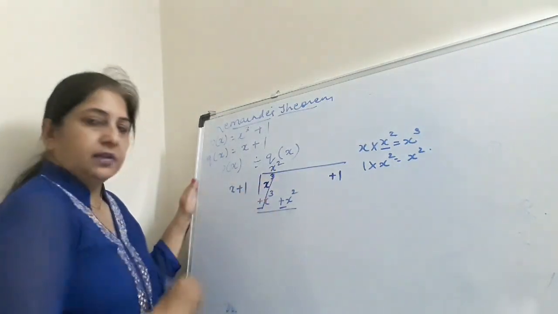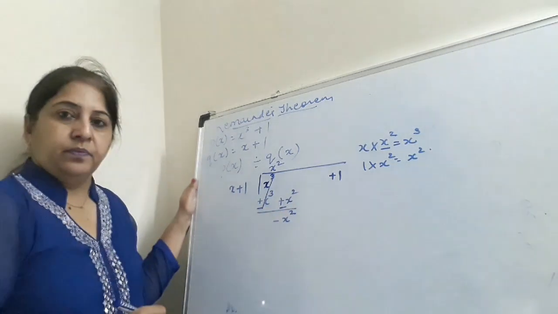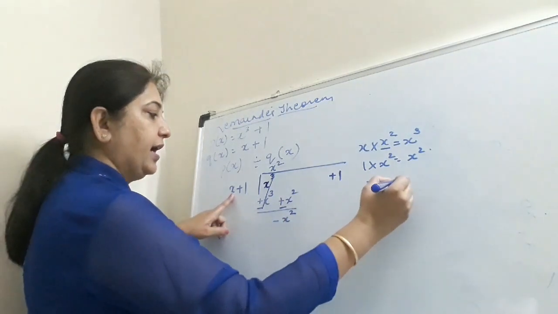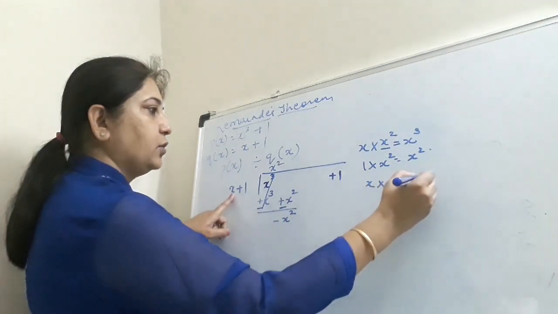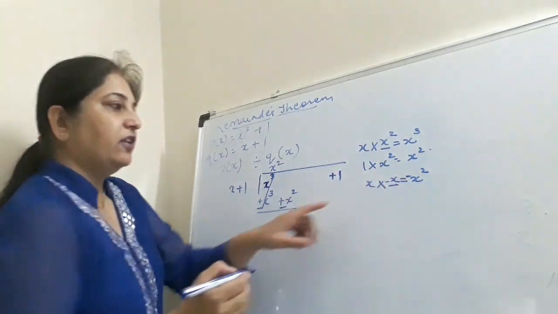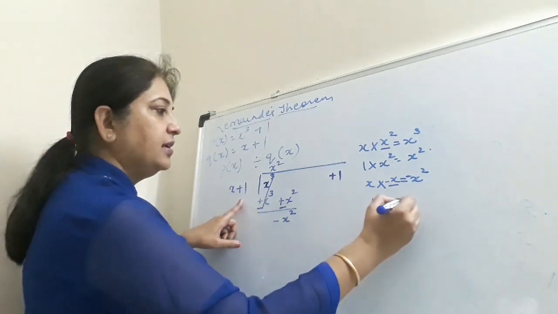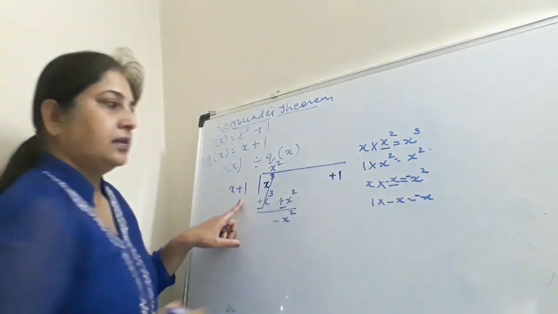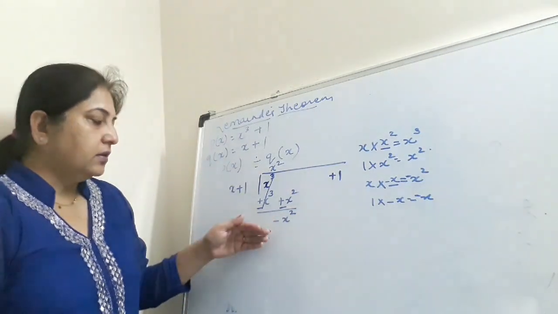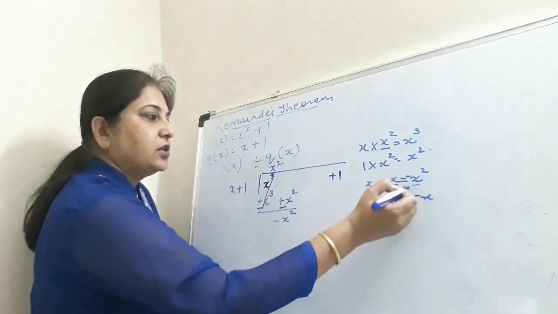These two terms cancel. We are now copying minus x square, right? Now x into dash will give you minus x square. So x into minus x will give me minus x square, and 1 into minus x will give me minus x. So what I am trying to say is that when I am solving this problem, I will get terms like x square and x.